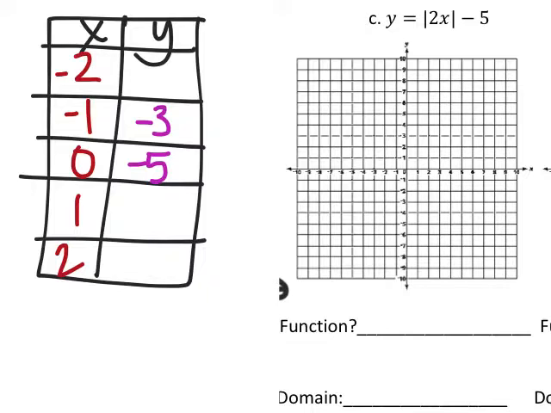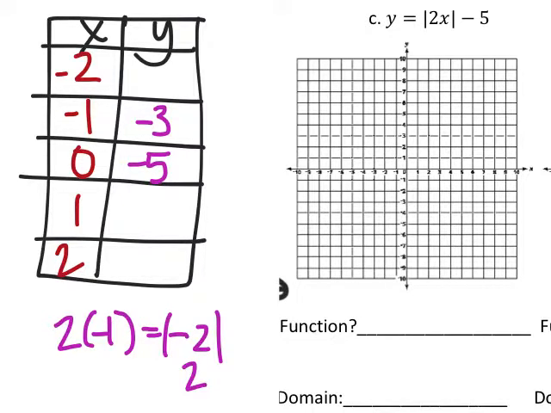That's because that's an absolute value. 2 times -1 is -2, but this is the absolute value of that, which is 2, minus 5 is negative 3, which is what we got. And that was y. So when x is negative 2, it looks like y is going to be negative 1.